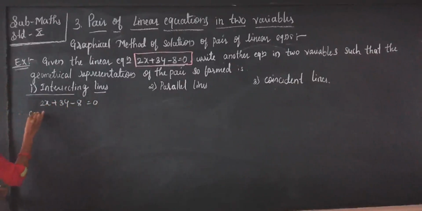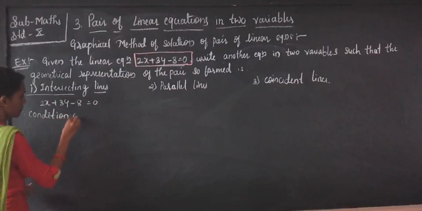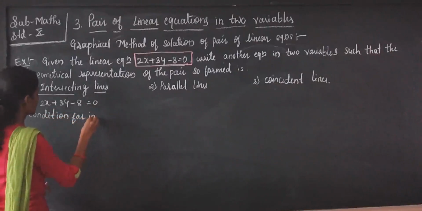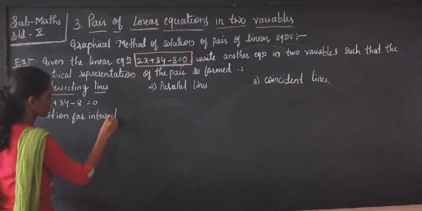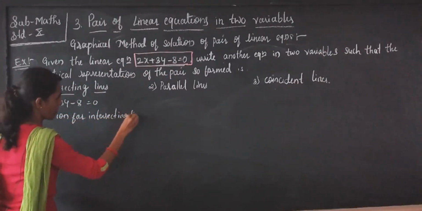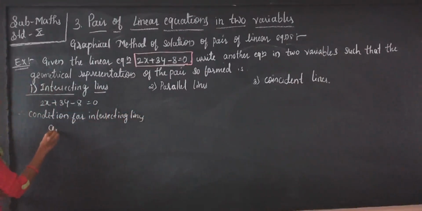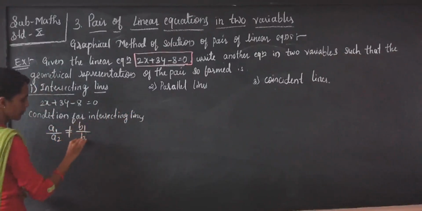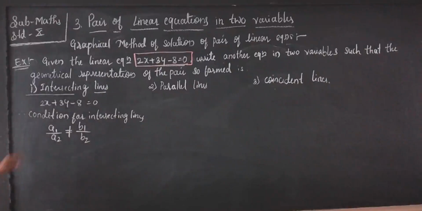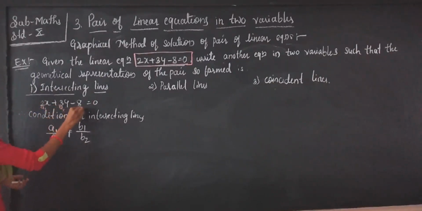Therefore the condition for intersecting lines, so already we know that, A1 by A2 is not equal to B1 by B2. If you consider this as A1, this one as B1, and this one as C1. So then write A1 by A2.